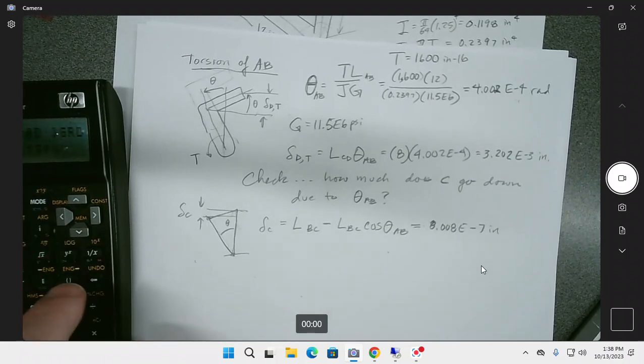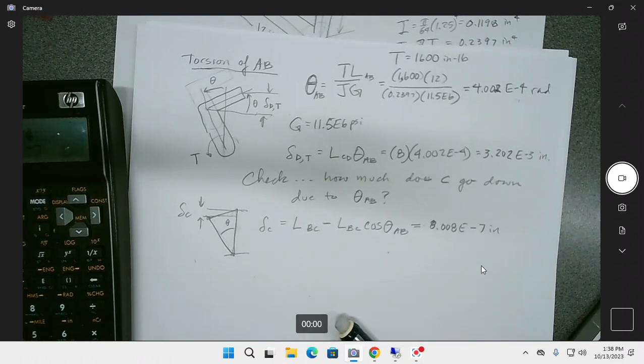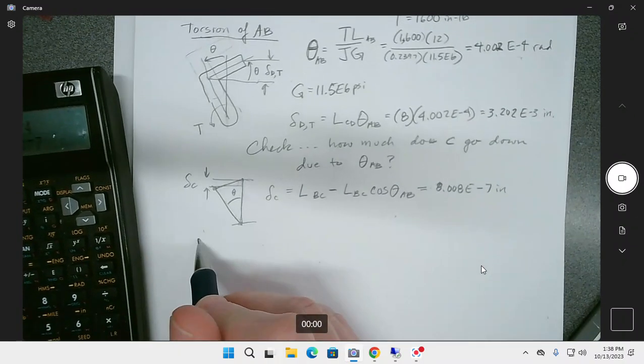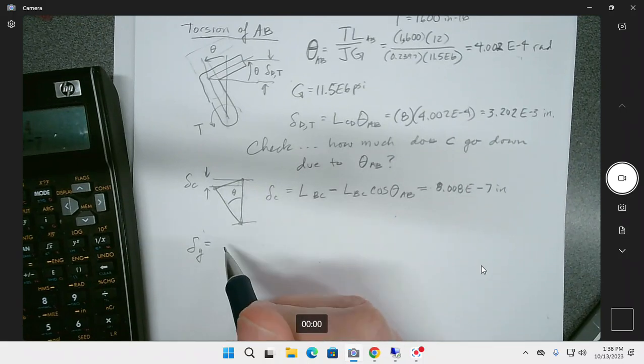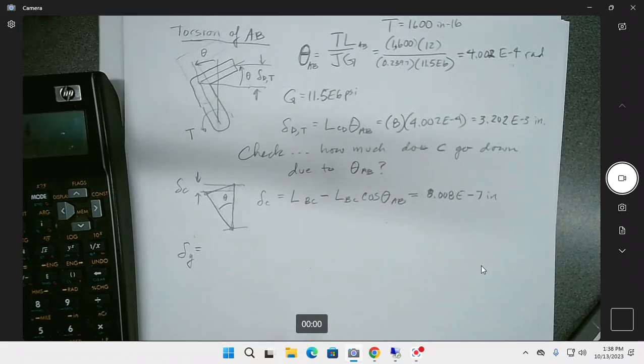I'm going to turn my calculator back into degrees before I forget, because I've gone halfway through a problem in all kinds of classes where I had it in radians and I'm like, what the hell is going on? Oh, calculator in radians. It's a classic.